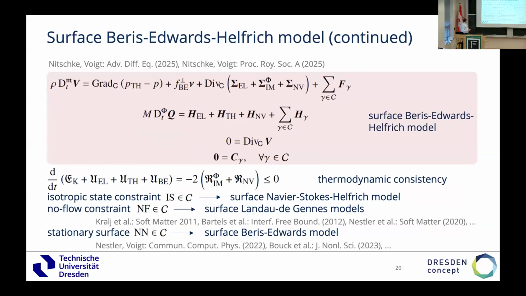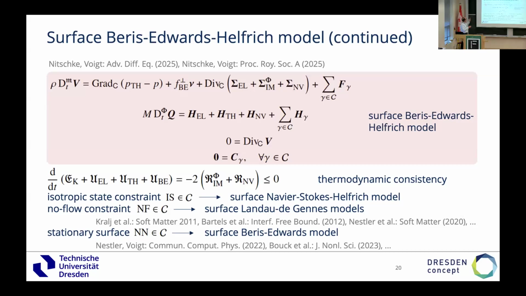It's what we call a surface Beris-Edwards Helfrich model. It's on the surface. Beris-Edwards stands for a hydrodynamic Ginzburg-Landau type model, and Helfrich stands for the fact that things have bending, right? So the first equation is kind of an extension of what we had before.